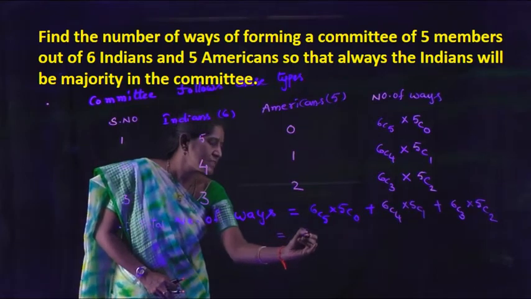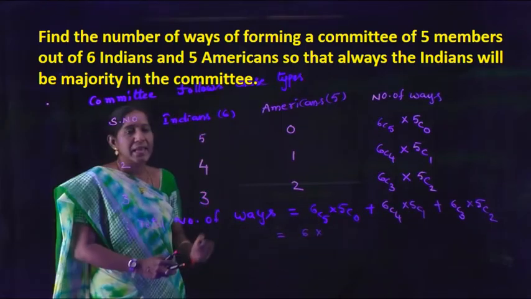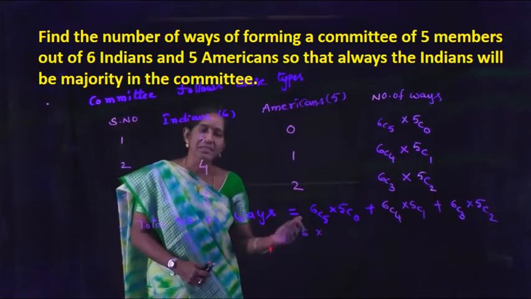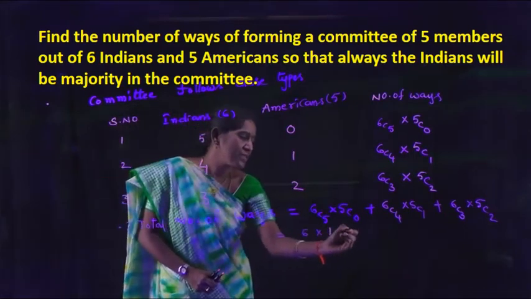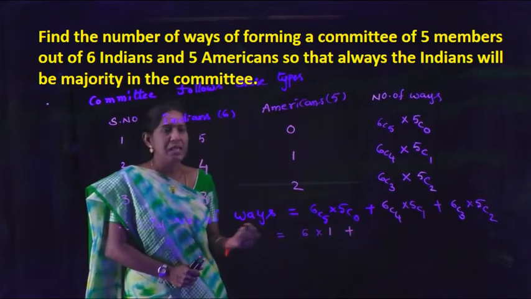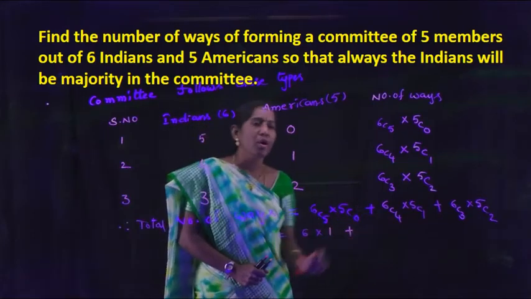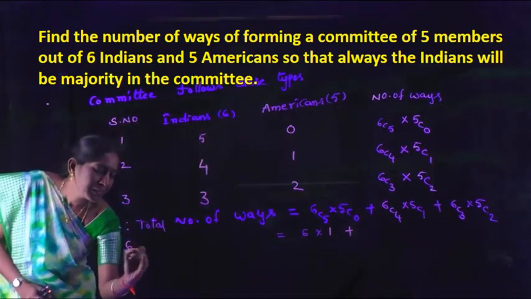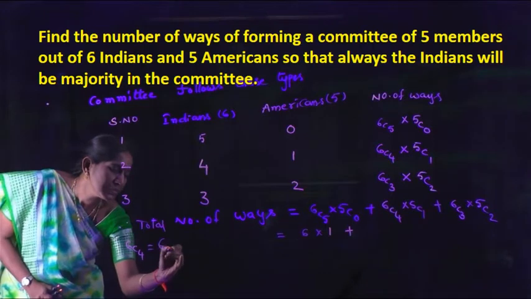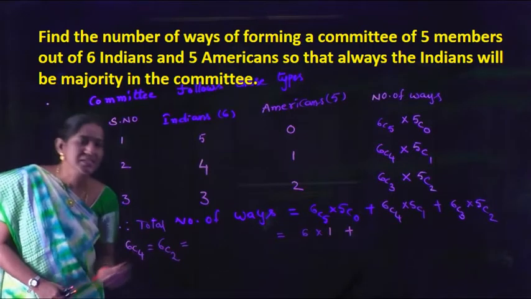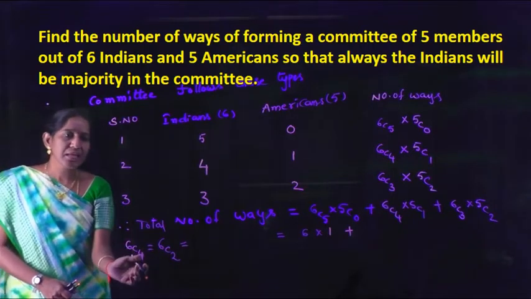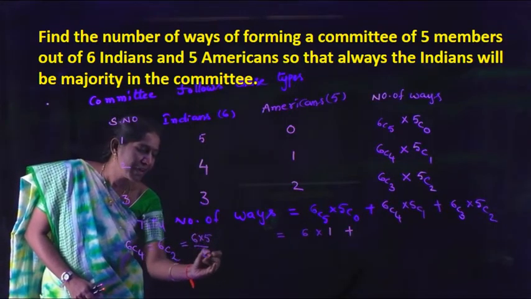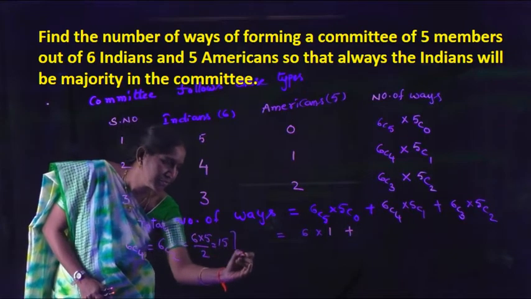Value of 6C5, already you know nC(n-1) is n. So the value of 6C5 is 6 only, into 5C0 is 1, plus the value of 6C4, that is nothing but the value of 6C2. 6C4 is the same as 6C2, that is 6 into 5 by 2, that value is 15.